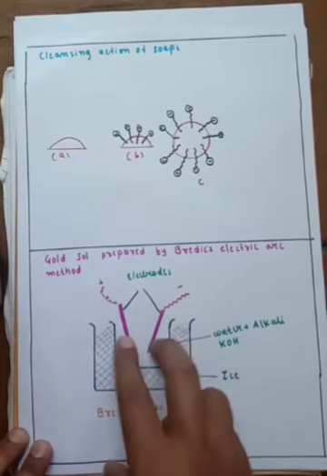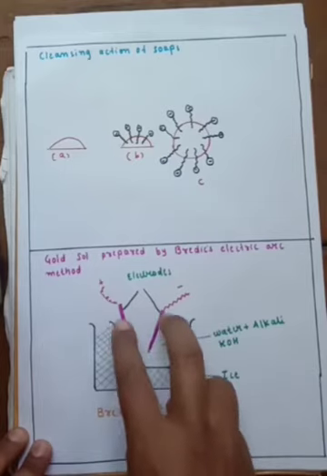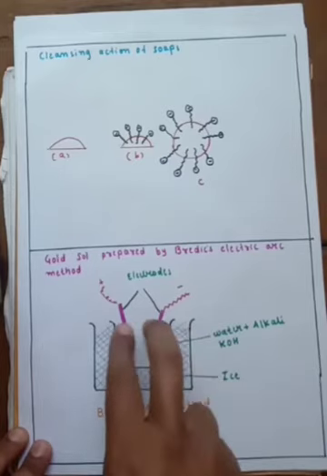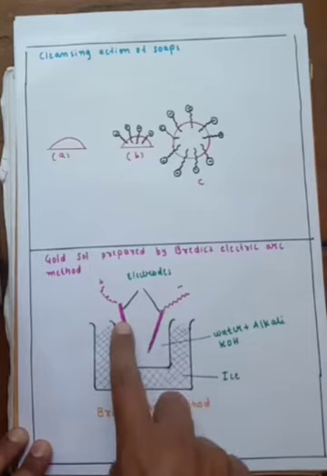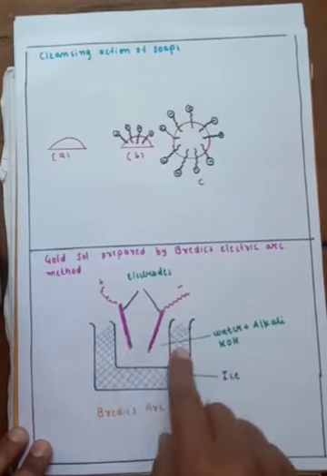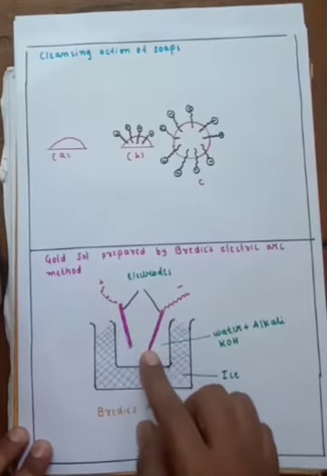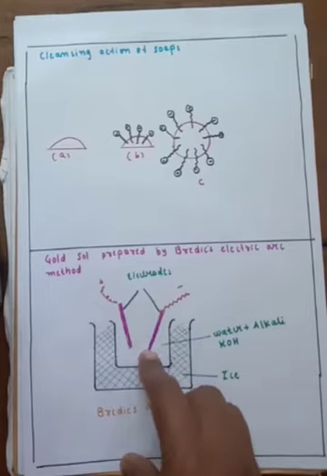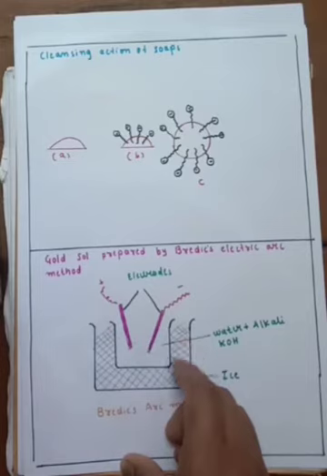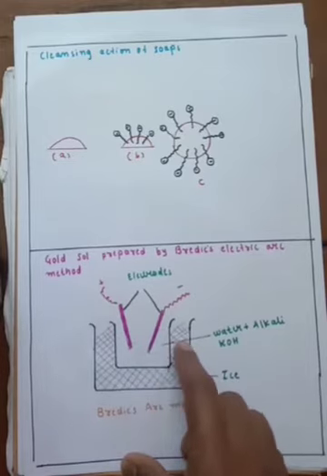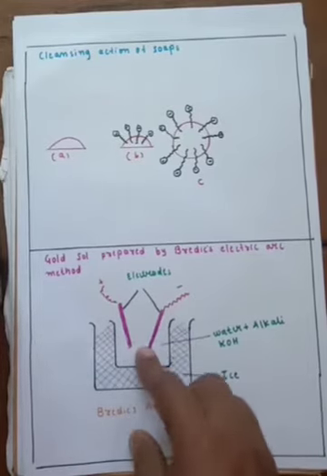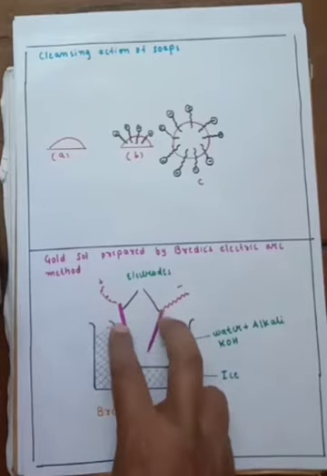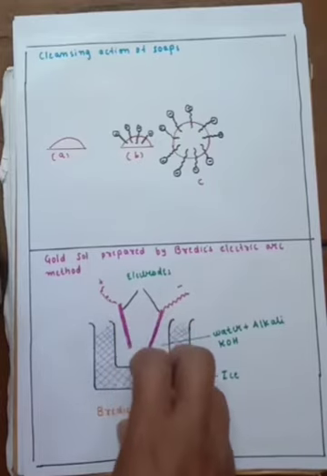Then an electric arc is struck between two silver electrodes or gold electrodes, in water and alkali potassium hydroxide solution, under cold conditions.